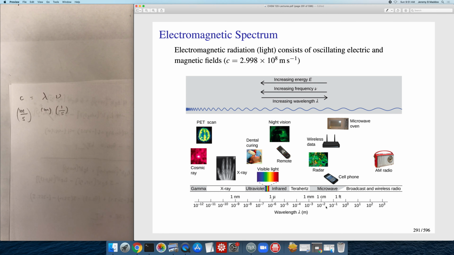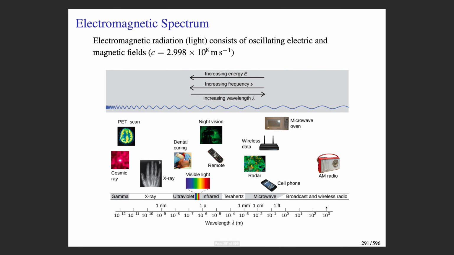So I wanted to talk a little bit about electromagnetic waves and the electromagnetic spectrum. So light consists of an oscillating electric and magnetic field that propagates in time. So there's a wavelength for light, a frequency for light, and then a speed of light.